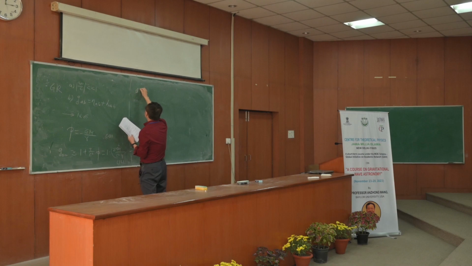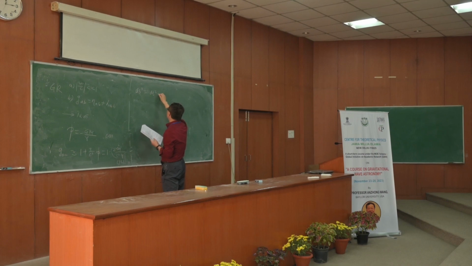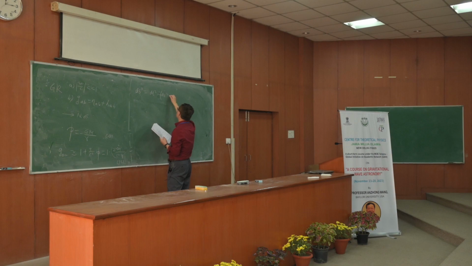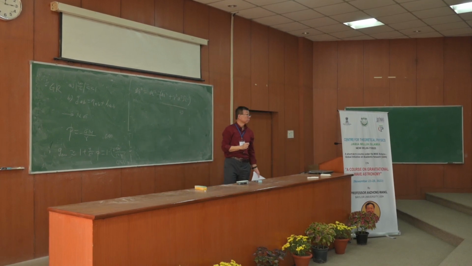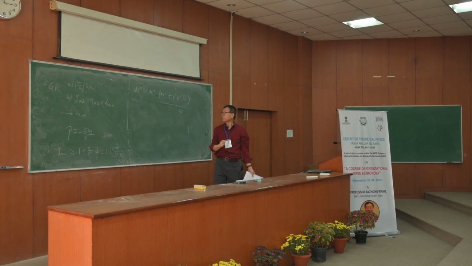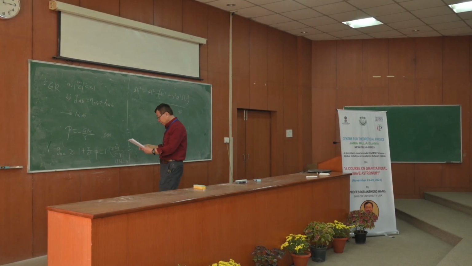You see, ds squared equals dt squared minus dr squared minus r squared d omega squared. So this is actually the 3D metric, right? So this is the spherical symmetric case.